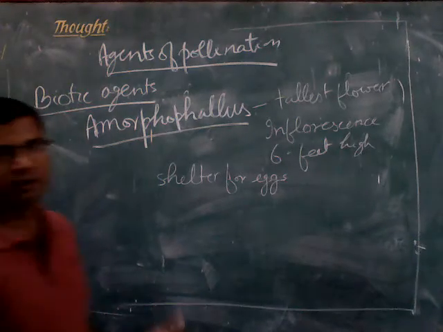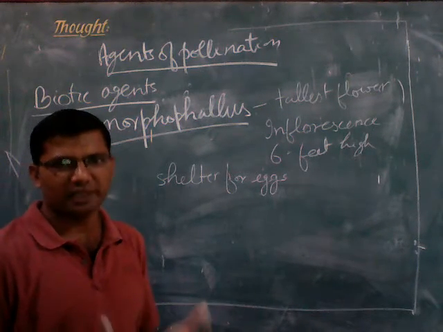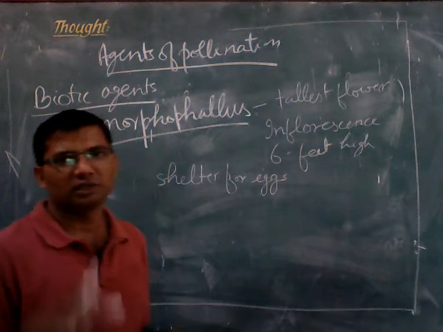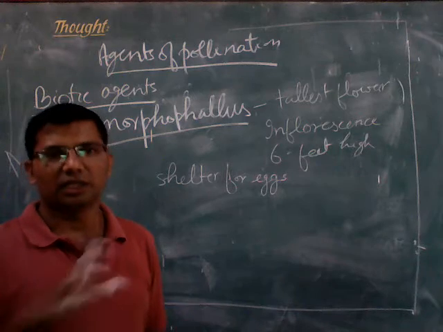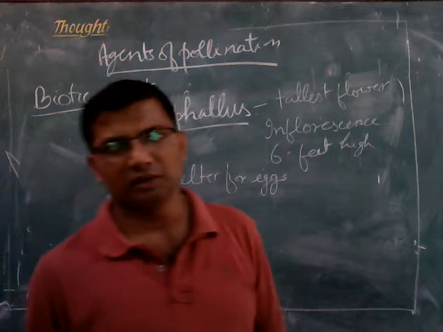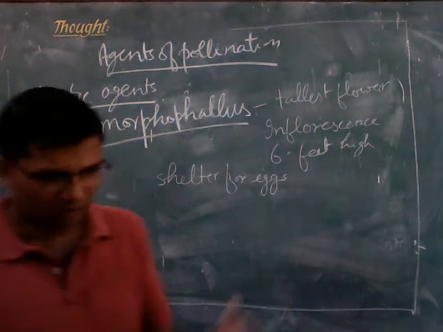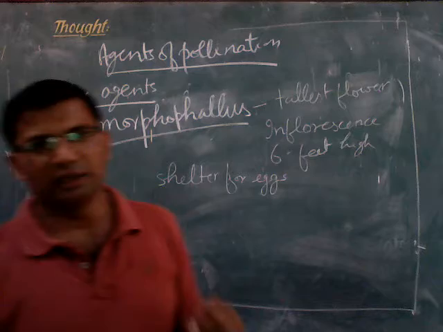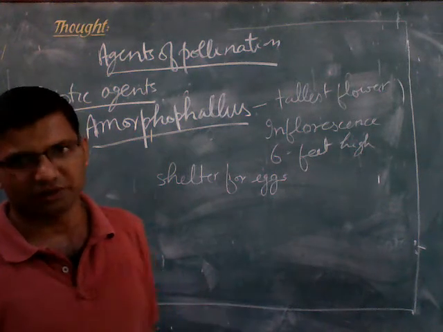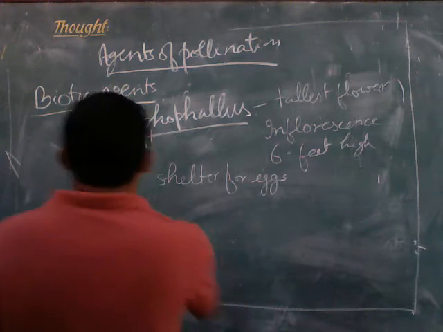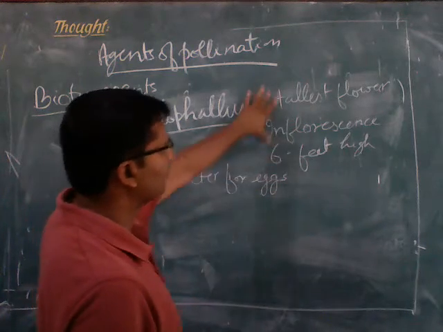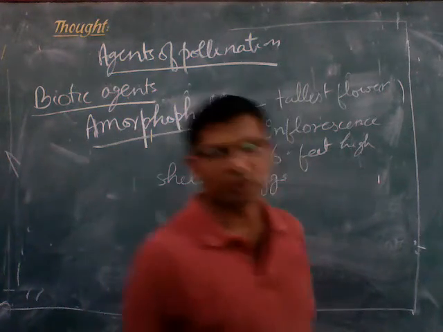That means the flower provides a space where these visiting flies can lay their eggs and the eggs can hatch. Once they hatch, the larvae come out and the ovule will develop and make the perfect seed. So in this way, Amorphophallus is a very big flower, pollinated by biotic agents.